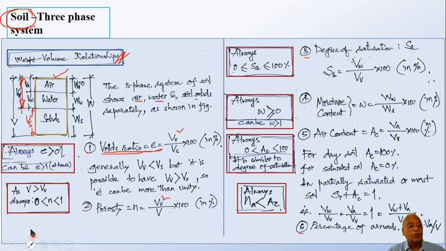So one should be careful about this particular thing, the denominator, whether it is volume of solids or total volume, that makes the difference between voids ratio and porosity.